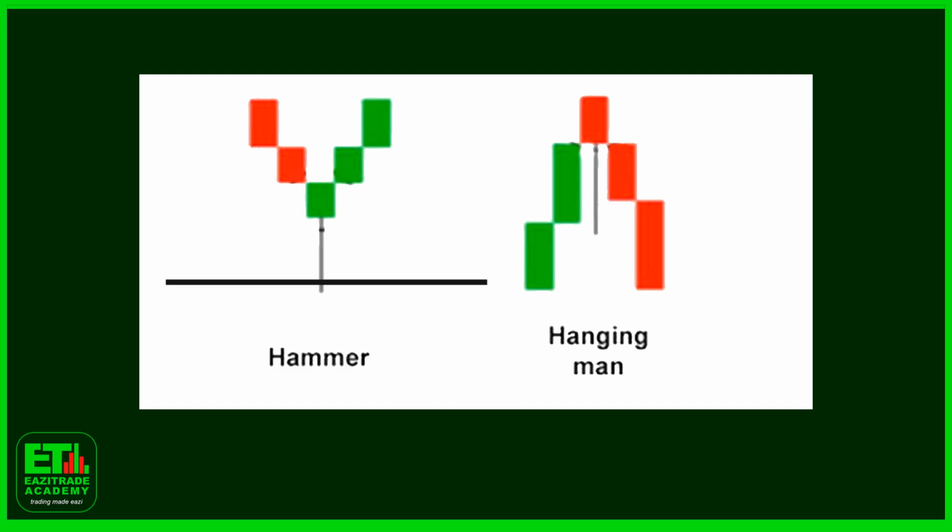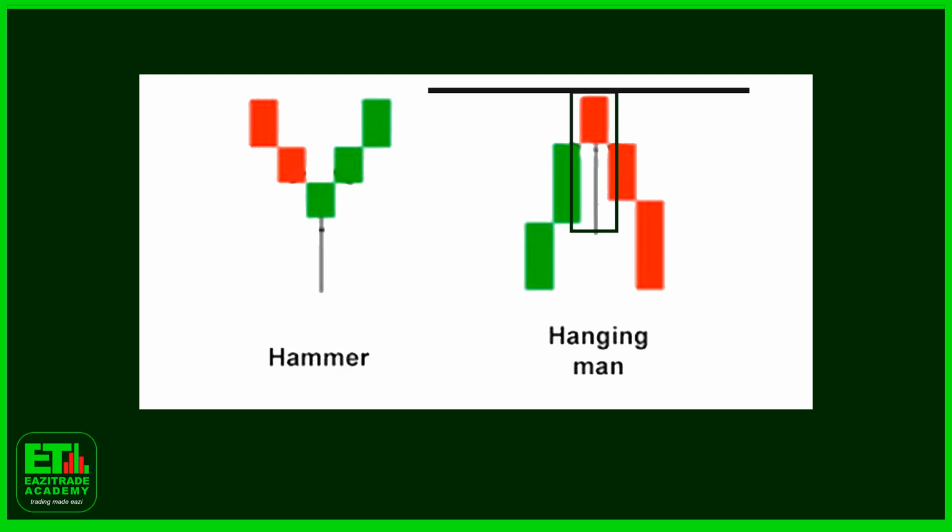But this is a hammer that is found at the resistance zone. So we don't call it a hammer in this case. We call it a hanging man, a hammer that is hanging. When you see this candlestick pattern formed at the resistance zone, it is a signal that the market is about to change direction.